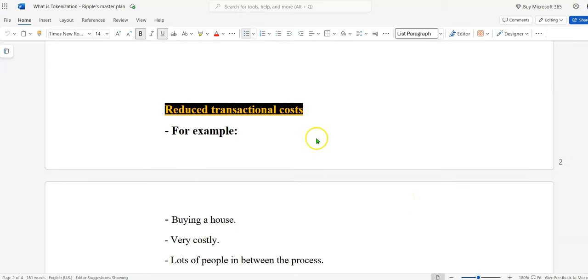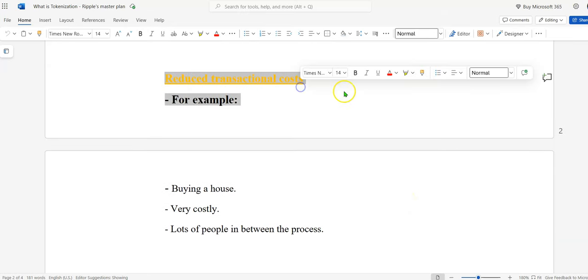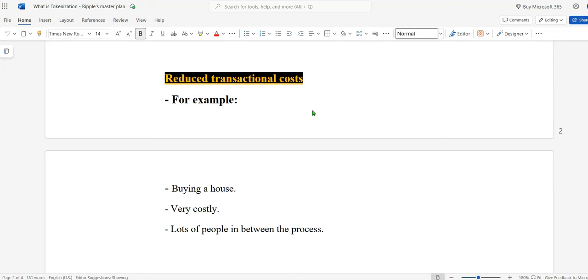Another benefit is reduced transactional costs, right? So again, I'm going to keep the same example of the house. A house has many people in between. You have the banks, you have your real estate agent, you have your lawyers, you have the seller's lawyer, or if you're the seller, you have the buyer's lawyer, and everybody wants a profit. So if you tokenize it, everything becomes simpler, and when everything is simpler, it reduces the cost as well, right?